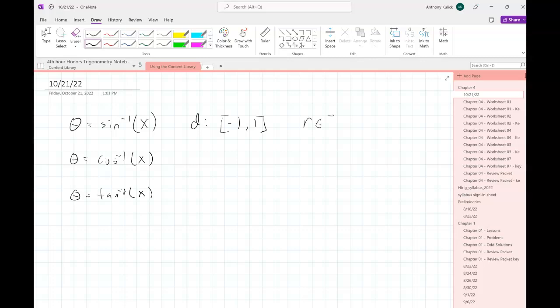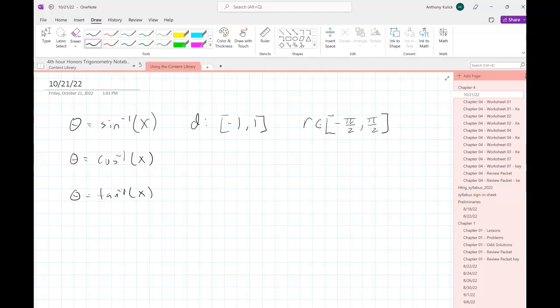And the range now, because I restricted the domain for sine when I built this, is going to be from negative pi over 2 to positive pi over 2. So when I do sine inverse on my calculator, my values for theta are going to all be between negative pi over 2 and positive pi over 2.